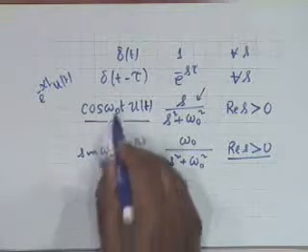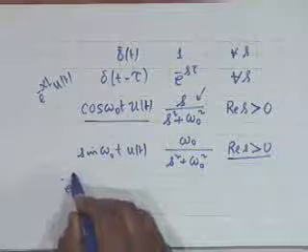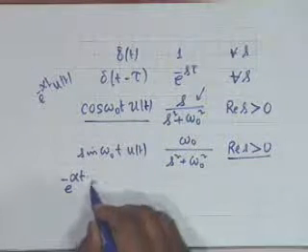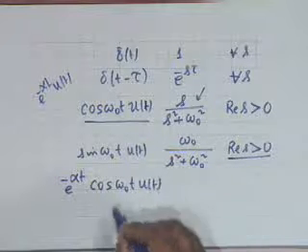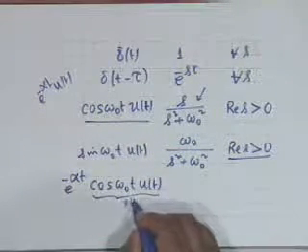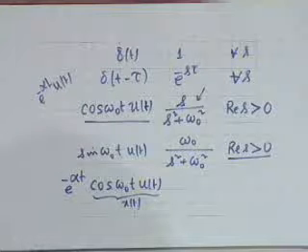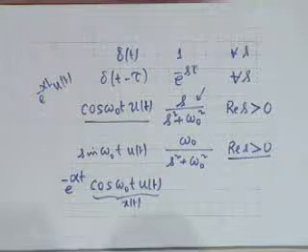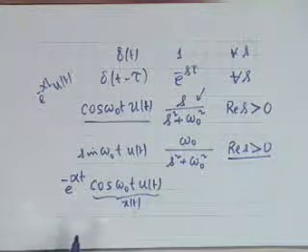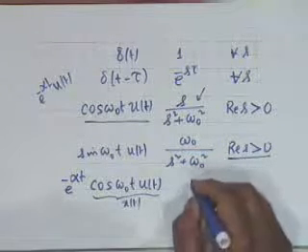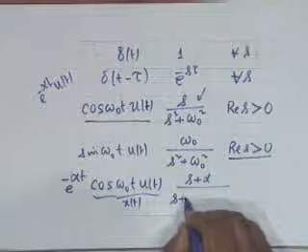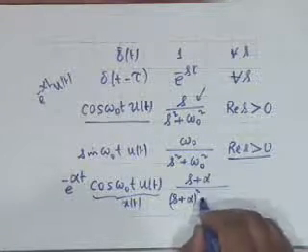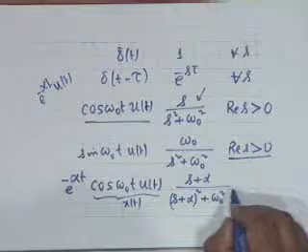And finally, we generalize this by multiplying by e to the minus alpha t. If I multiply e to the minus alpha t cosine omega 0 t u of t, this is some x of t, then the only change that occurs is s is replaced by s plus alpha, which we have done, and therefore this would be s plus alpha divided by s plus alpha whole squared plus omega squared.